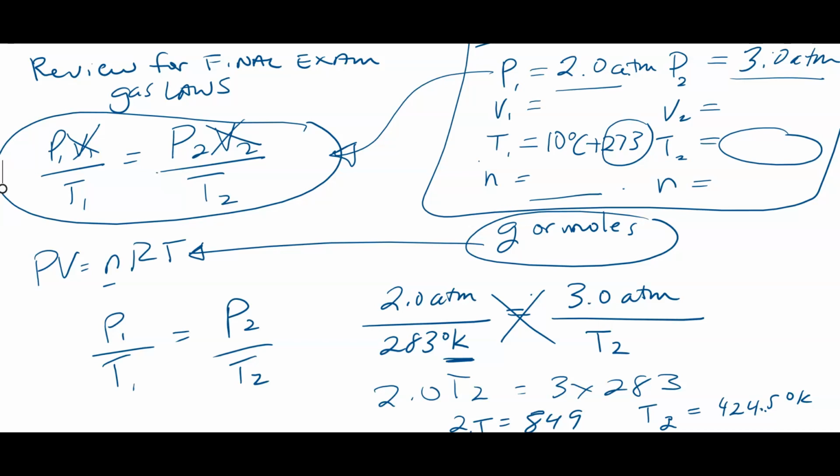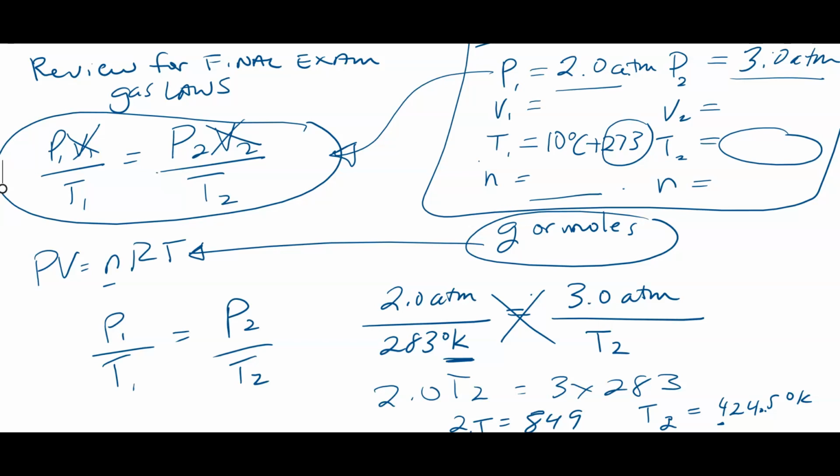So in this problem, 2.0 is 2 sig figs, 3.0 is 2 sig figs, 10 is 1 sig fig because I didn't put a dot after that 0 there. So my answer can only be in 1 sig fig. And I can't say just the answer is 4 because that wouldn't be true. That's not the size of that number.